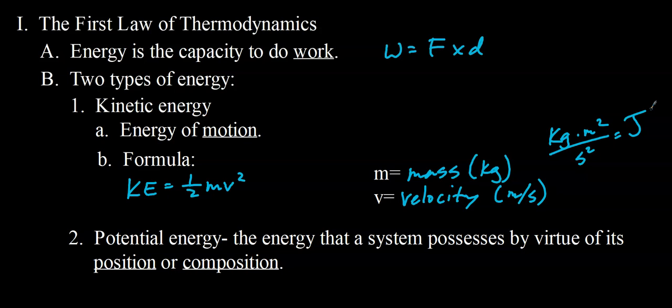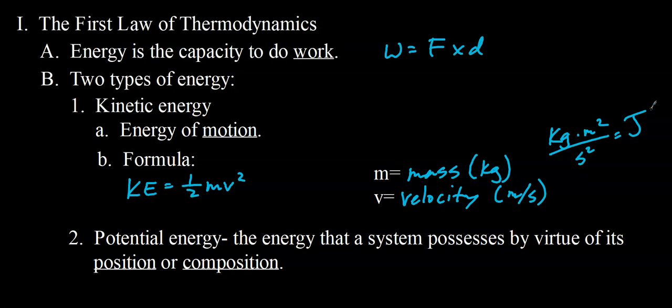Potential energy is the energy that a system possesses by virtue of its position or composition. For example, suppose you have two attracting bodies, say an Na plus ion and a Cl minus ion.